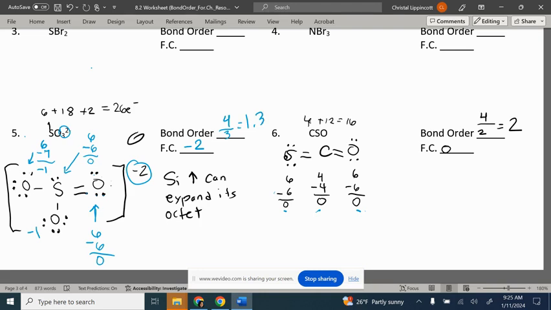So this bond over here is going to be stronger than this. It gives you an indication of the strength and stability of that molecule or ion. The higher this bond order, the more stable that is.